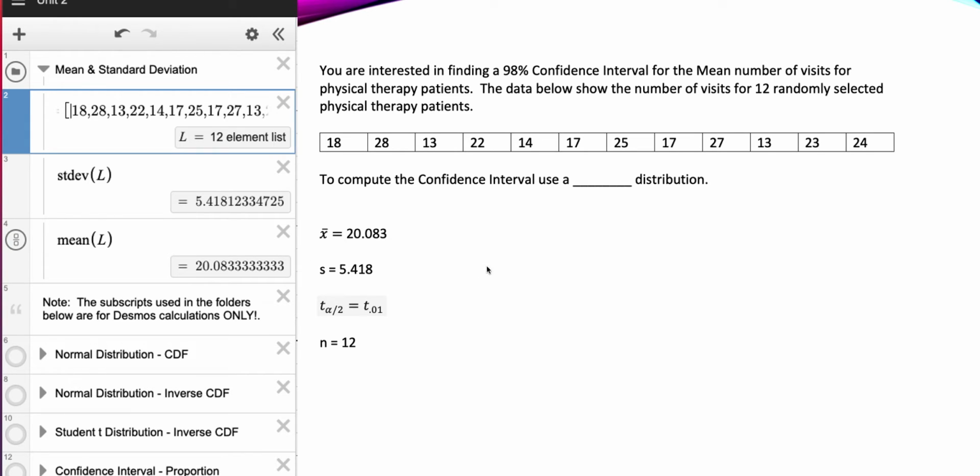The mean of our sample is approximately 20.083, and the standard deviation of our sample is 5.418. We already knew there were 12 subjects in our study.